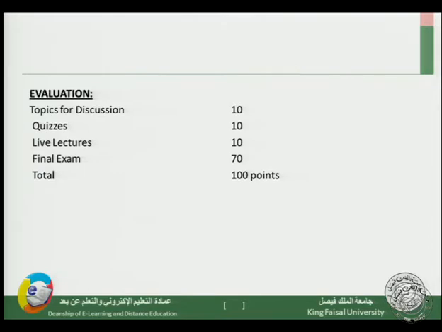The final exam will be comprehensive, inclusive. That means it includes everything that we study from the very beginning of the semester to the very end, from lecture 1 to lecture 14, including the questions of the quizzes and some of the topics for discussion.